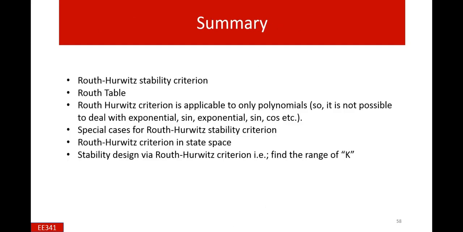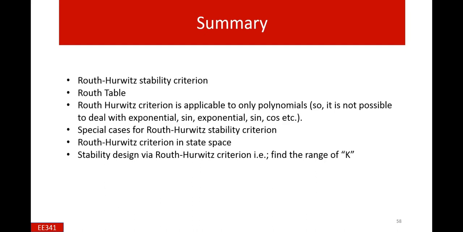So in this lecture we covered almost the complete portion of the RH stability criterion: Routh-Hurwitz, how to develop the Routh table, and what the limitations of RH are. Sometimes the RH criterion is not applicable, because if the coefficients of the polynomial are not real numbers, then it is not applicable.